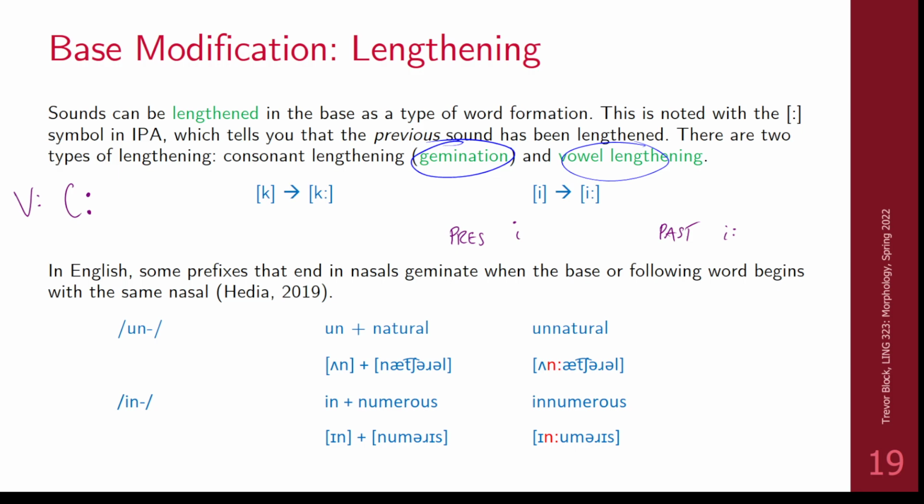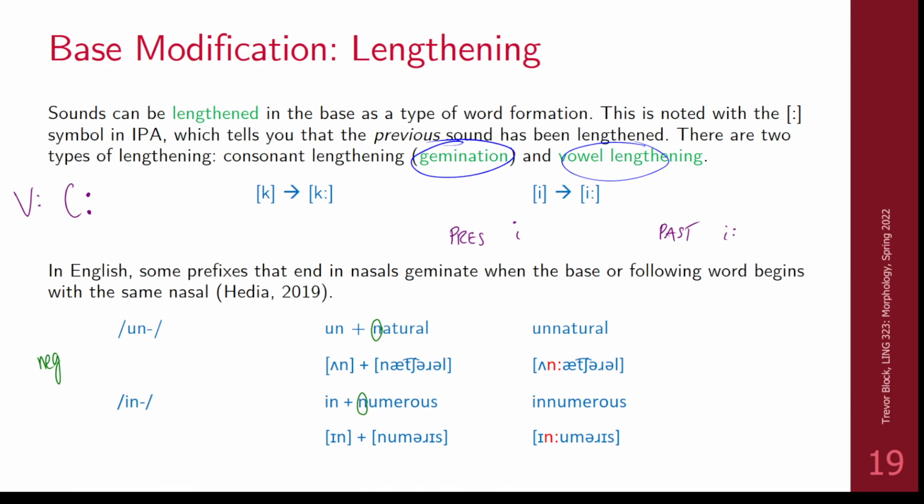So English actually has some morphophonological processes where we see lengthening. It's more of a result of two morphemes coming together. There's no contrast between a long sound and a short sound. But when we have these negative prefixes like un and in, and they attach to another base that has that same sound, that n sound to start, it's held a little bit longer.